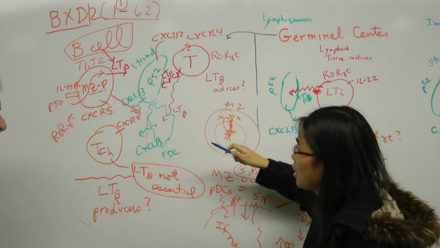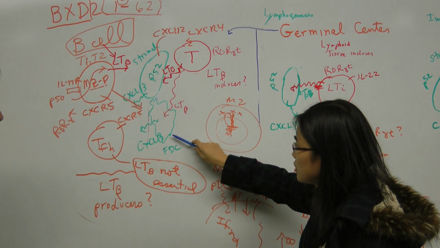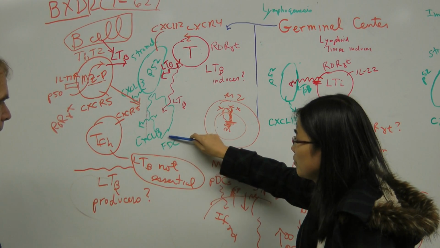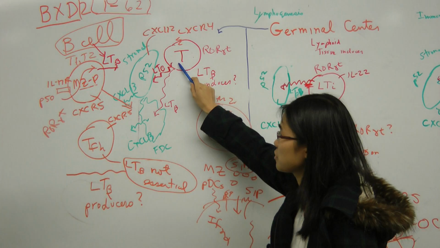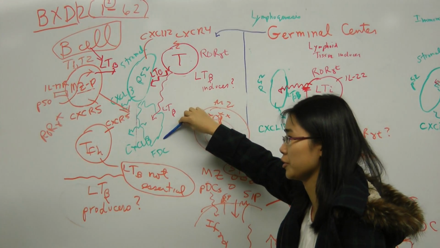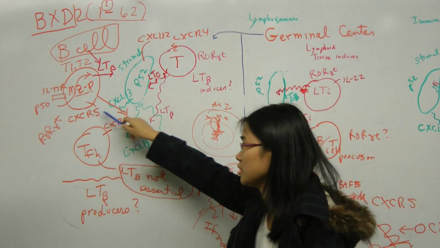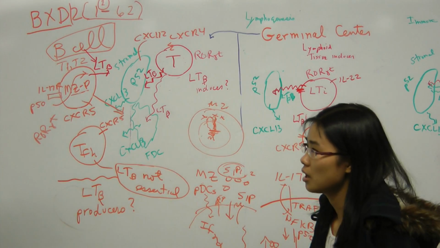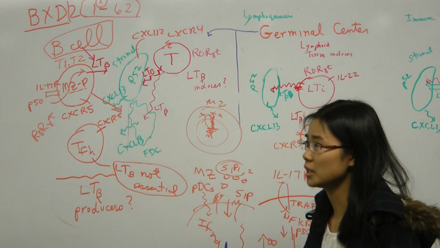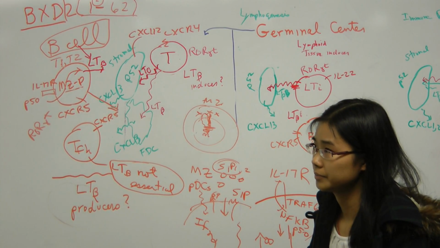And then with the chemokine from FDC, the activated T cells might migrate into the follicles, and at the same time the B cells come in, and then they form their germinal center for the long-lived antibody production. Yeah, actually we just said that.